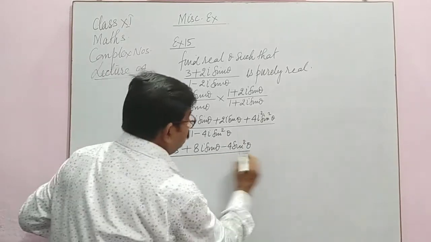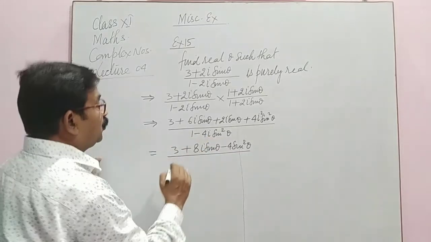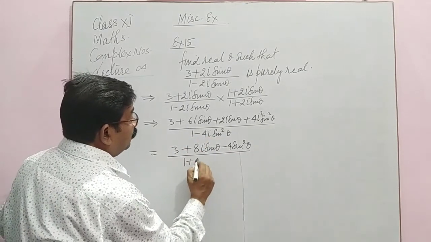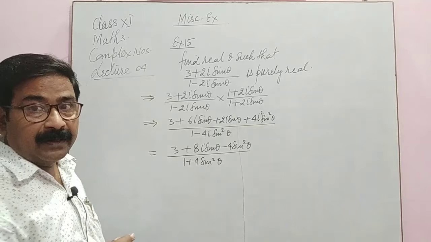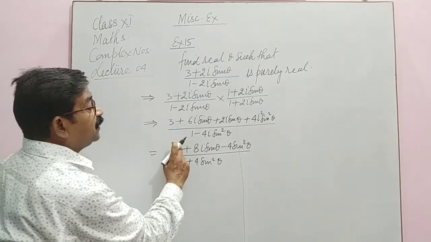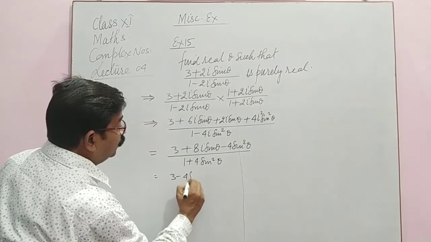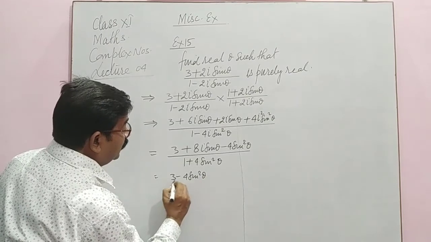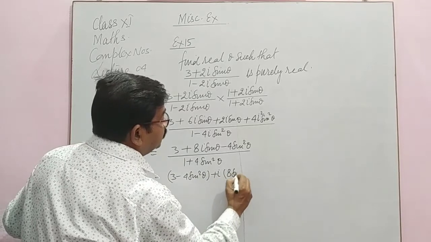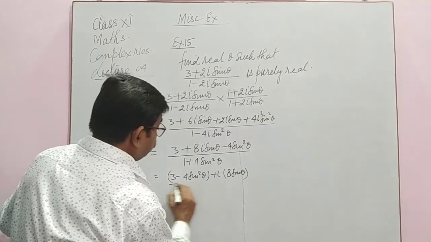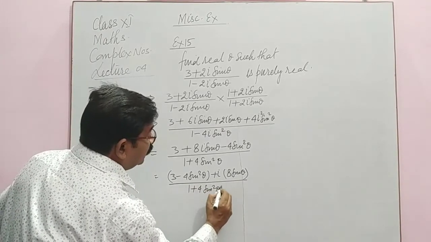Upon, this is again i square equal to minus 1, so this becomes 1 plus 4 sin square theta. Collect real and imaginary part. Here 3 is real, 4 sin square theta is real. So we can write (3 minus 4 sin square theta) plus i times 8 sin theta, upon 1 plus 4 sin square theta.